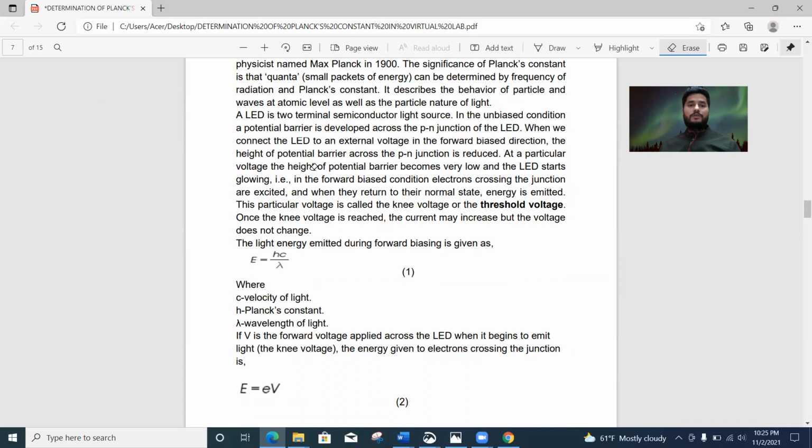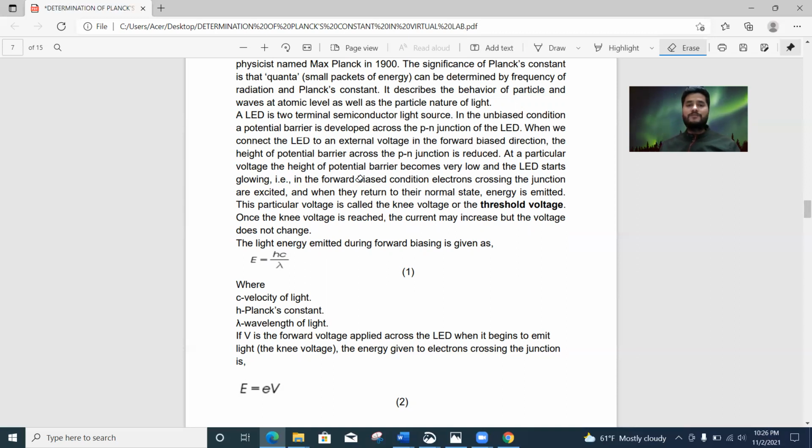At a particular voltage, the height of the potential barrier becomes very low and the LED starts glowing. It means that when we connect different kinds of LED bulbs in forward bias, the potential barrier across the PN junction decreases and the bulb starts glowing.